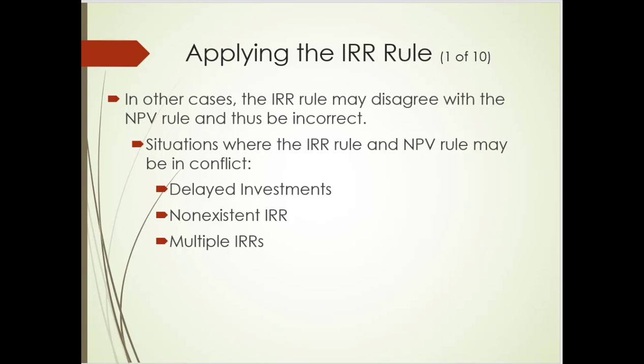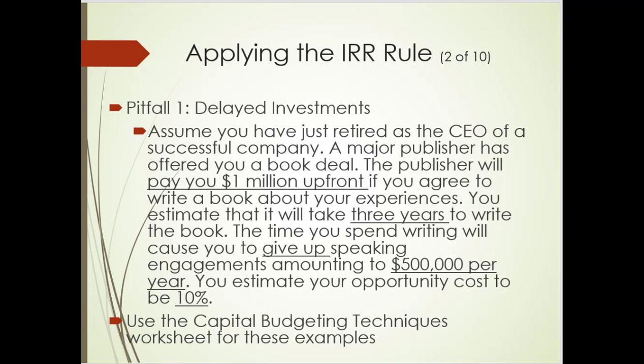The first project we have here, project one, is a delayed investment. You've just retired as a CEO, and a publisher is giving you a book deal. They're going to pay you $1 million up front if you write a book about your experiences. You think it'll take you 3 years to write the book.